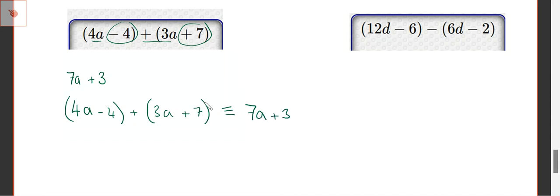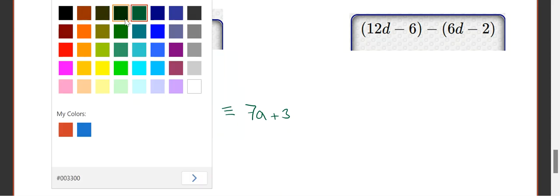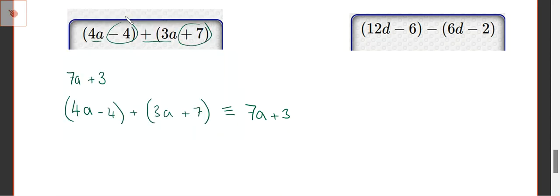How do we check we're right? We do the non-simplified way. We've got non-simplified and simplified. How do we check that they are the same thing? So a equals, let's do 3.